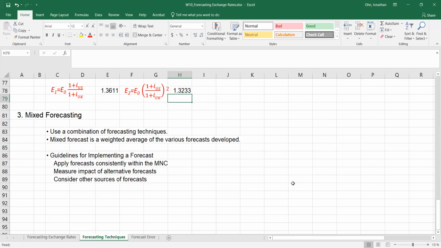Measure the impact of alternative forecasts. Consider other sources of forecasts, right? If you have any other exploitable information or resources or alternative forecasts, you have to pay attention to that before you make your final forecast.